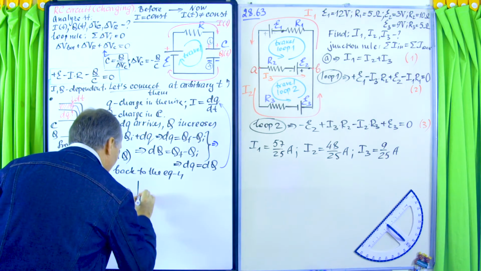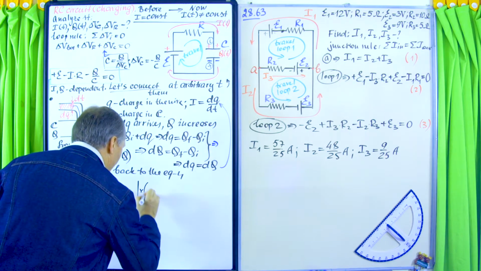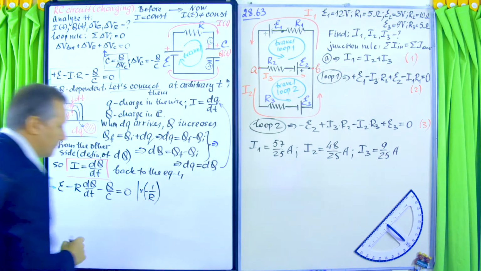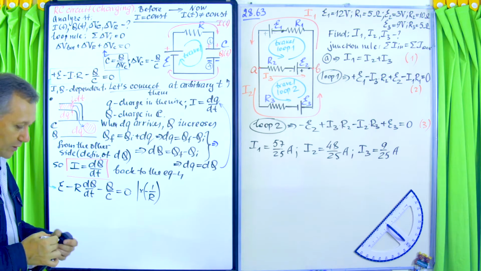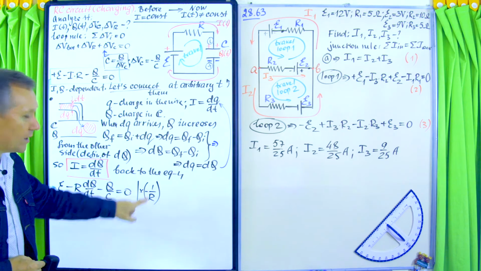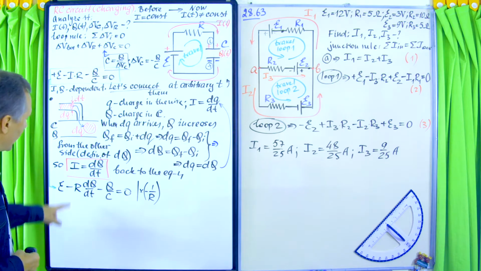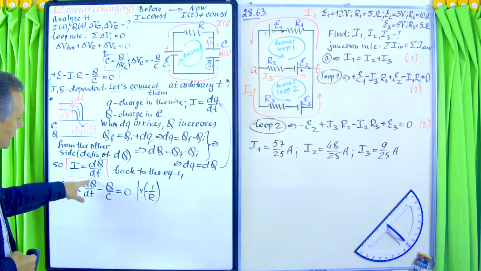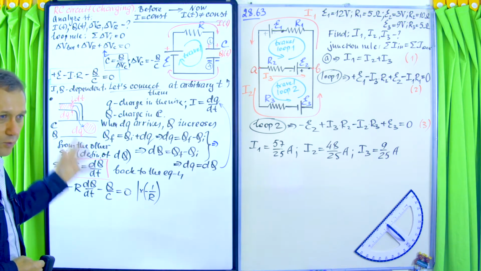So what I'm going to do in order to make it look nice, I'm going to divide the whole equation by minus R. Pretty much it means that I'm going to divide each term of this equation by minus R. Basically, I want to get rid of any factors in front of this derivative. That's the goal.